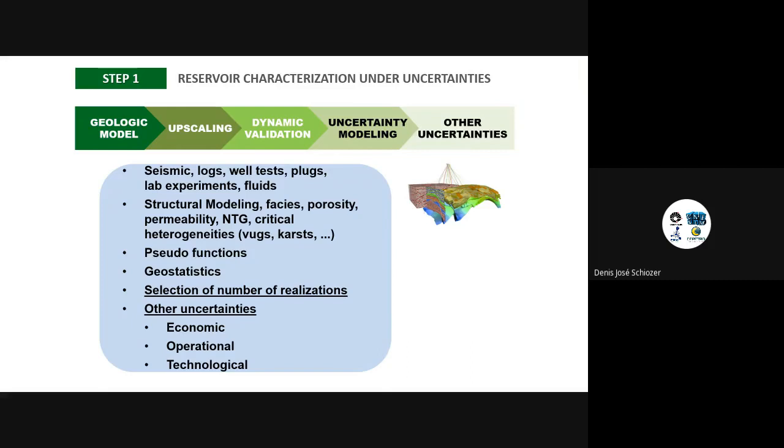Here, in step 1, we are doing the geologic model, the upscaling, and the validation of this model. We're going to have the uncertainty modeling and other uncertainties all included in the process. We're going to use as much data as we can. Sometimes we use sort of functions.